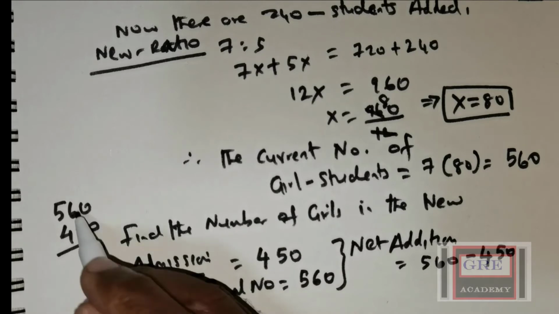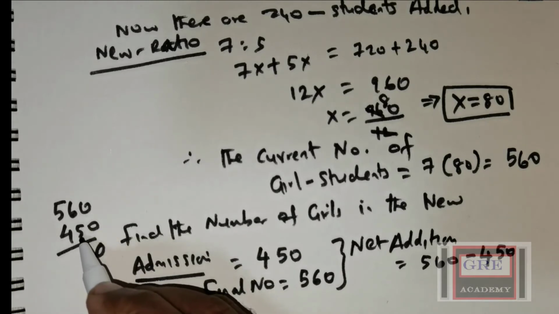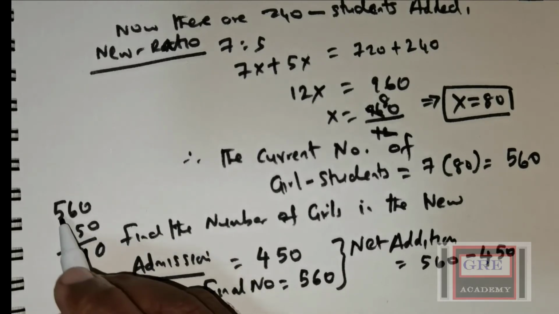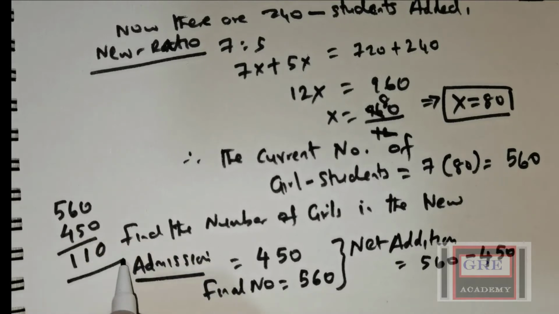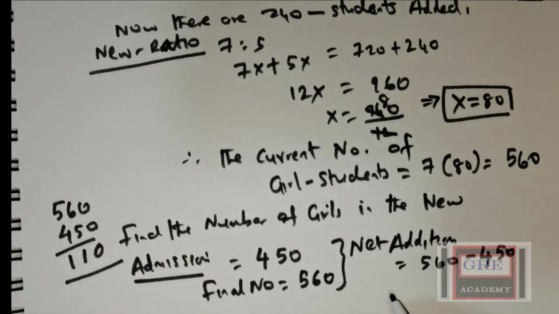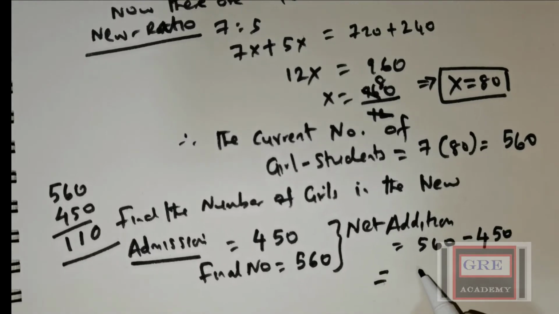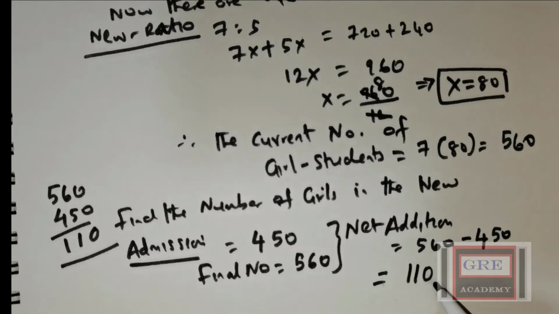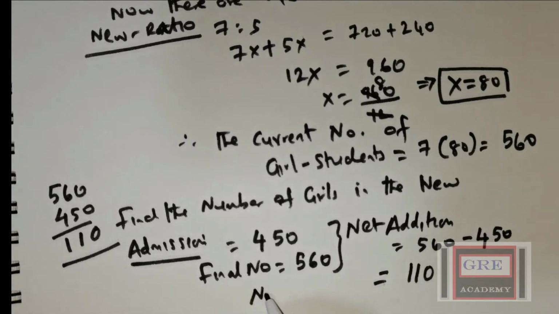So subtract: from 6, you take away 5, you get 1. From 5 you take away 4, you get 1. So that is going to be 110 girls.